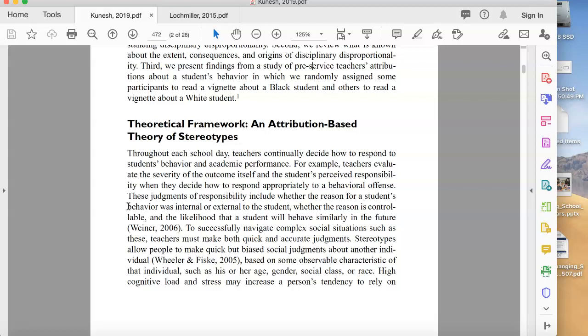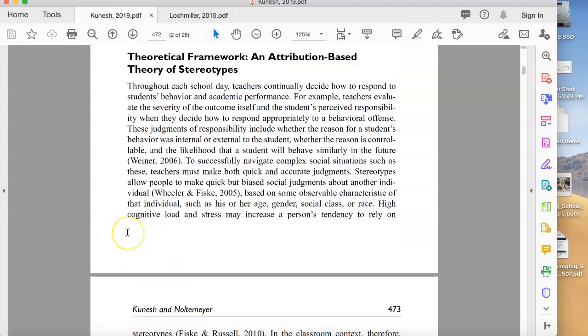In this case, it's a theory. So this is the attribution-based theory of stereotypes. So basically, the idea that we have stereotypes about each other and about groups of people, and that those stereotypes shape our beliefs and most likely our actions. So they're going to explain the theory.